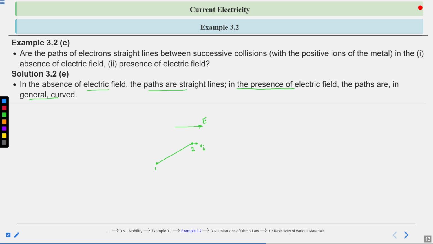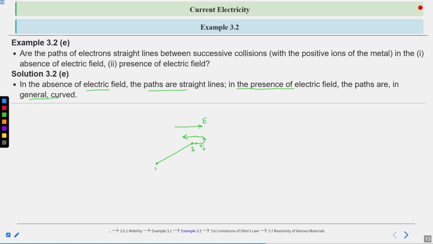So this electron will now go like this. It will reverse its path and try to align in the direction opposite to the electric field. So this path is curved now. Random velocity is in the direction of the electric field, but after some time of collision, the force due to the electric field starts deviating the path of the electron, and it performs a curved path and tries to move in the direction opposite to the electric field.